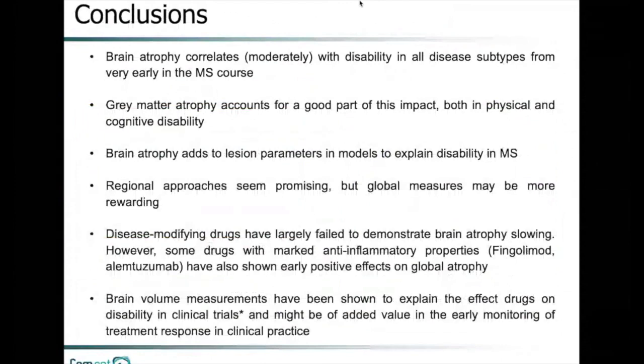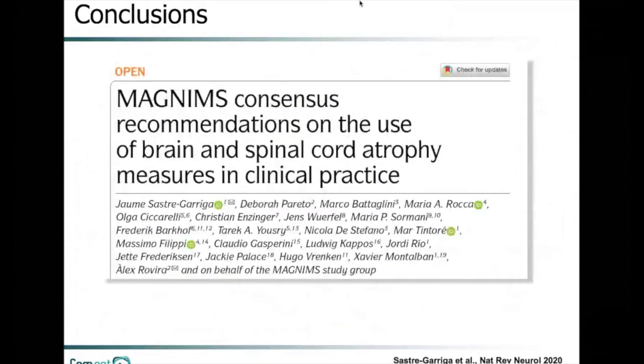So this is all what I wanted to show you. I'm not going to read the conclusions of my talk, but telling you that you could find exactly this information in our recently published MAGNIMS Consensus Recommendation in Nature Reviews Neurology, the paper that was the effort led by Professor Rovira and the whole MAGNIMS study group.